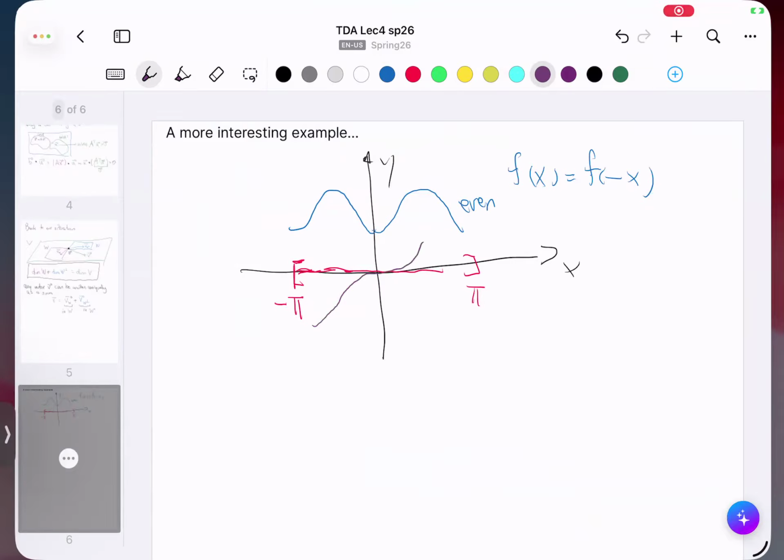So this is an even function, and this is an odd function.